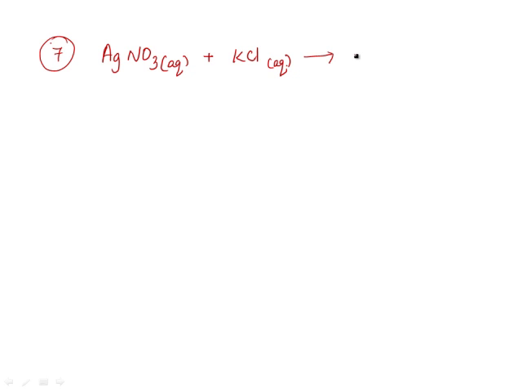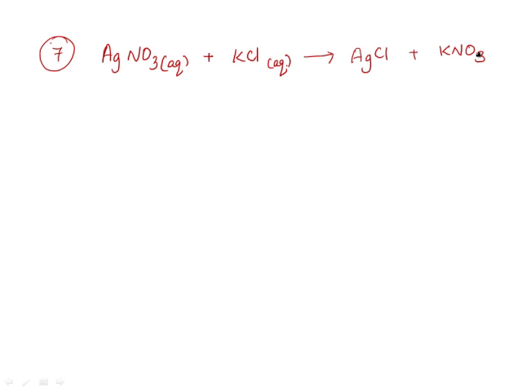Remember, positive and positive cannot attract, correct? So the Ag is positive, which means it has to pick up the other negative ion. So you have AgCl, and what could be the other product? KNO3. Okay.